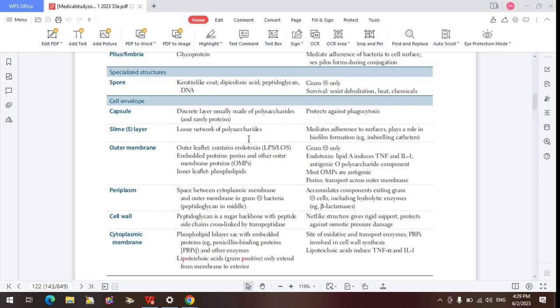So they form biofilm. Examples of such organisms include Staphylococcus epidermidis. They can form biofilms over indwelling catheters. They can form biofilm over prosthetic heart valves. So once you hear prosthetic heart valve contamination or catheters, you are thinking of Staph epidermidis. Don't forget, Staph epidermidis.